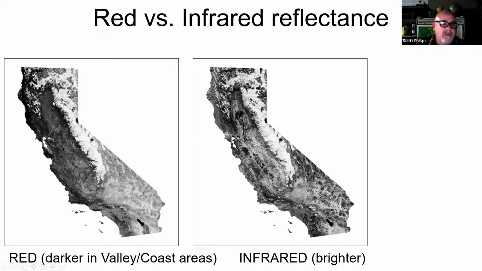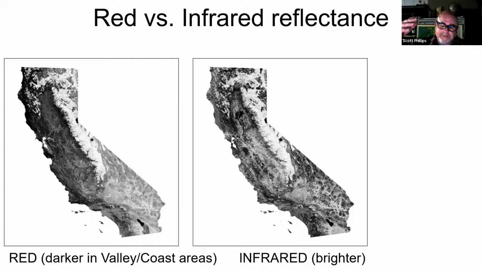So here's an image of California with two bands of a satellite called MODIS, and we'll talk later about some of the different satellites. This one is the red band, what our eyes normally see as red, and this one is in the near infrared, which is beyond what our eyes can see.